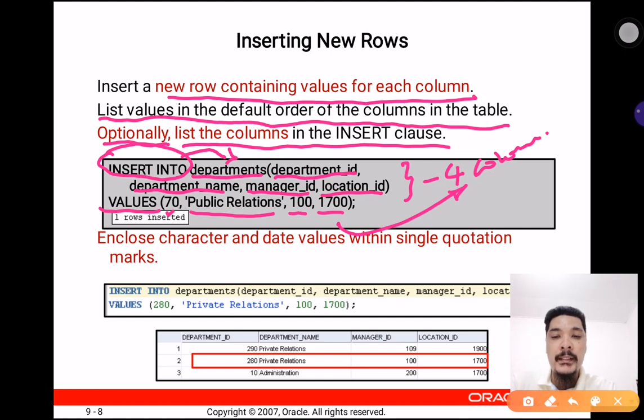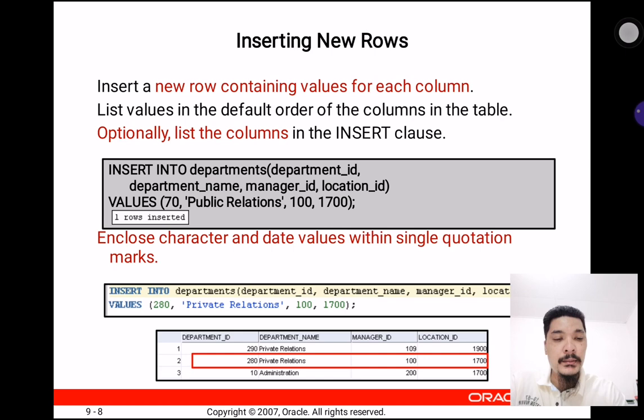But remember, when we add character values, we use single quotations. If it's 1700, we don't have to put single quotations, because this is a number.